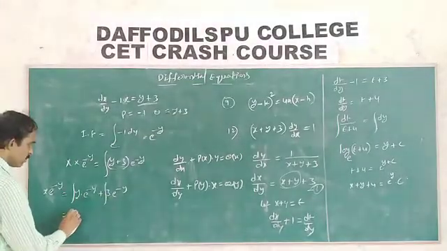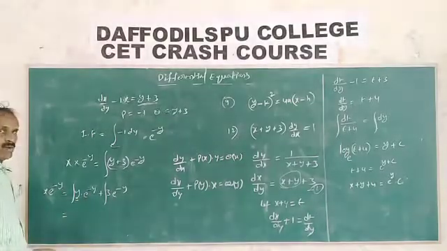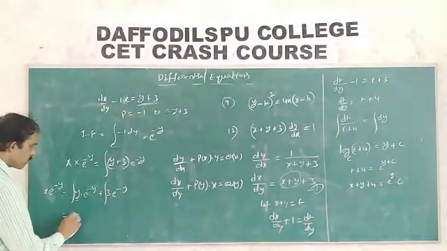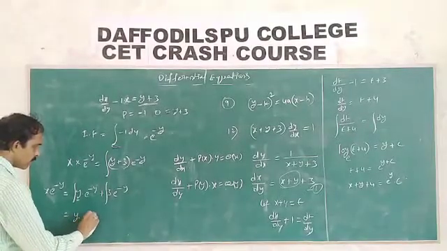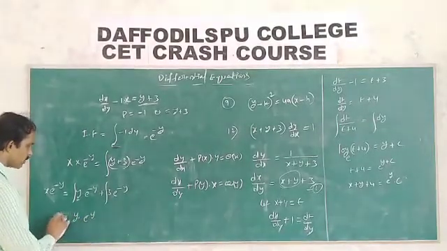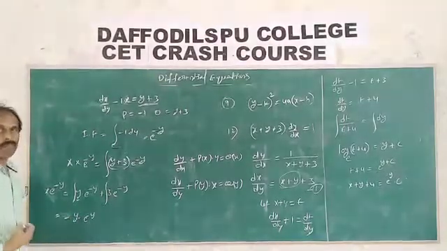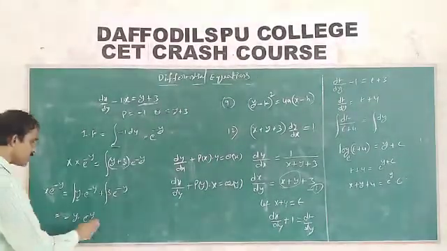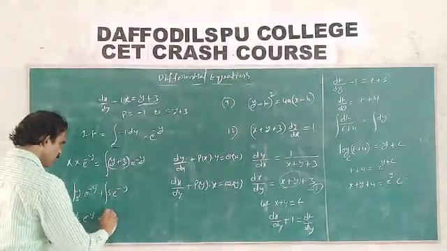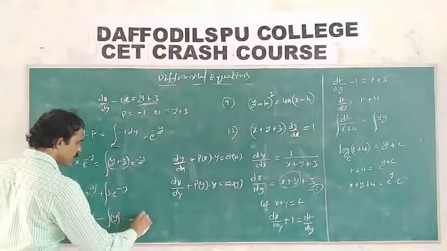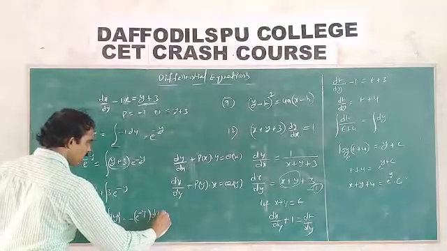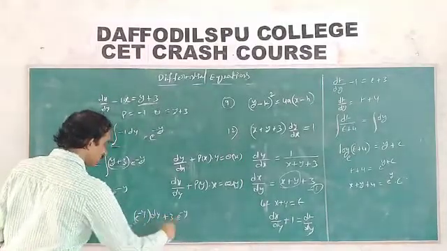Therefore, y into e to the power minus y plus 3 into e to the power minus y, integration. For this integration, which is the first function? y is the first function. Therefore, y times the integration of e to the power minus y, which is e to the power minus y divided by minus 1, minus the integration of the derivative of y into minus e to the power minus y dy, plus 3 into e to the power minus y.